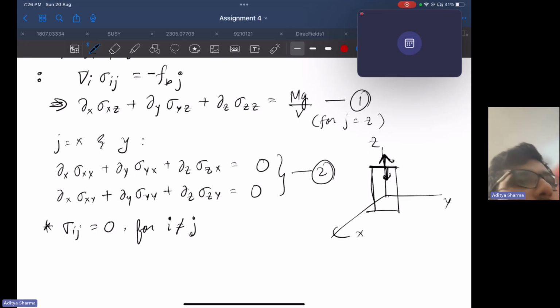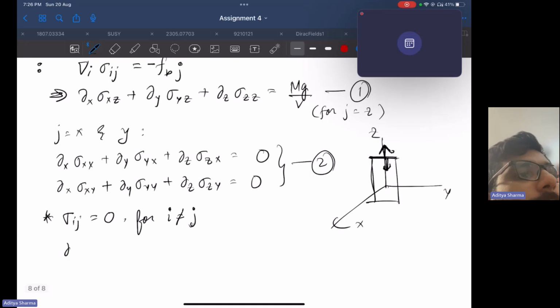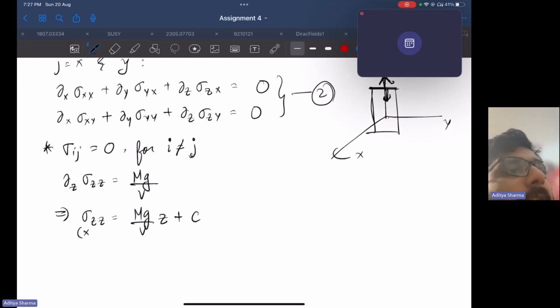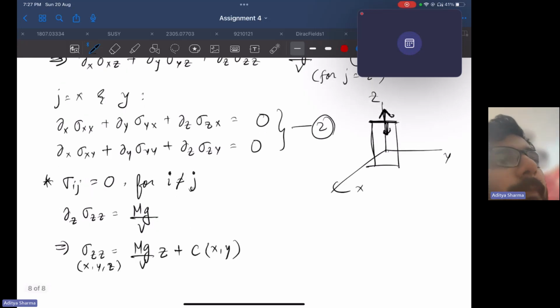This simplifies our equation very much, as we'll have only this equation, which implies sigma zz is nothing but mg by d z plus some constant which we need to figure out. The constant can be a function of x and y. So this is one.